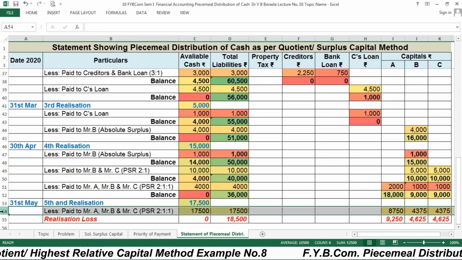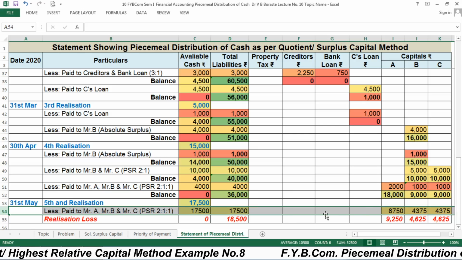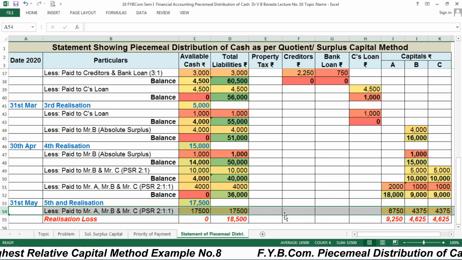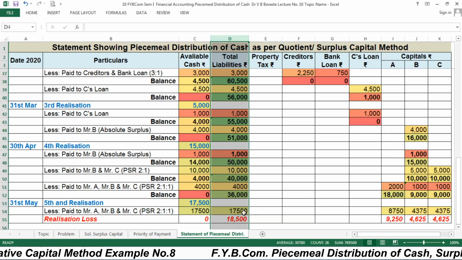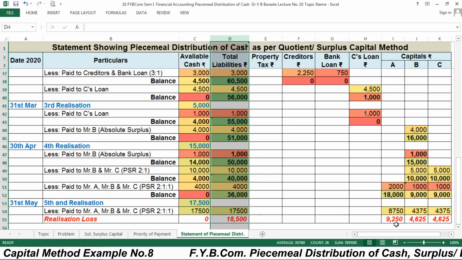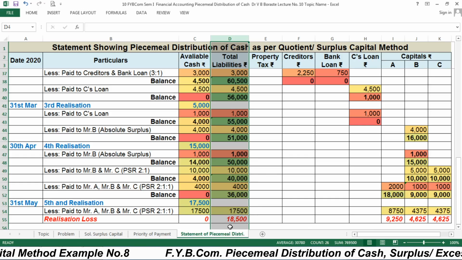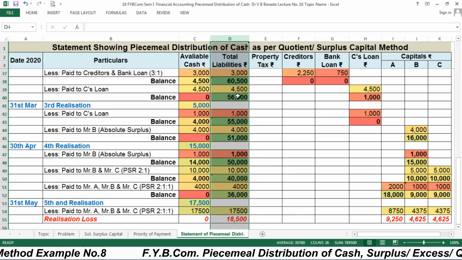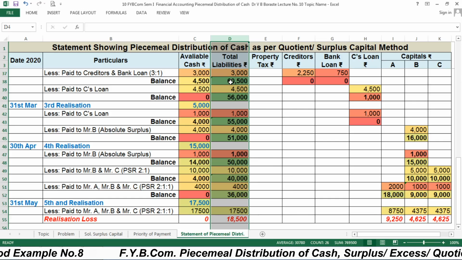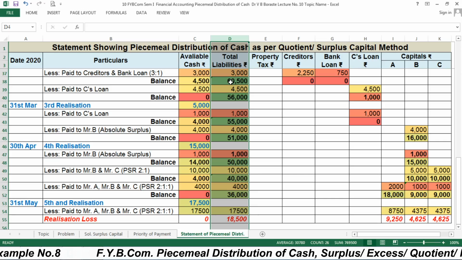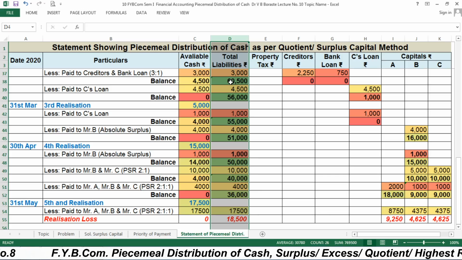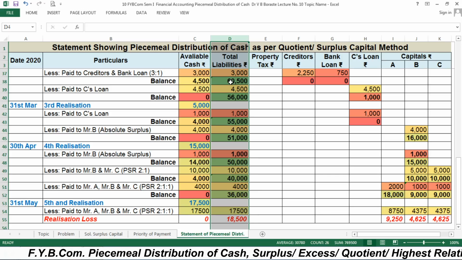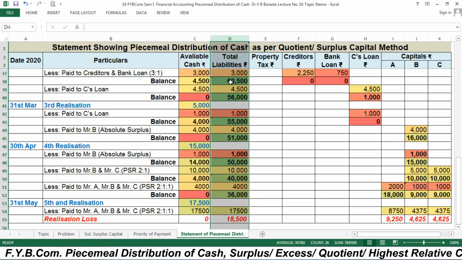After the payment of this last realization, still we have an amount of rupees 18,500 in the total liability column, that is unpaid amount or we can say a realization loss. As I earlier mentioned, total liability column is more important while cross-checking your answer, or you can check your calculation in each and every step that you are going on right path or not.